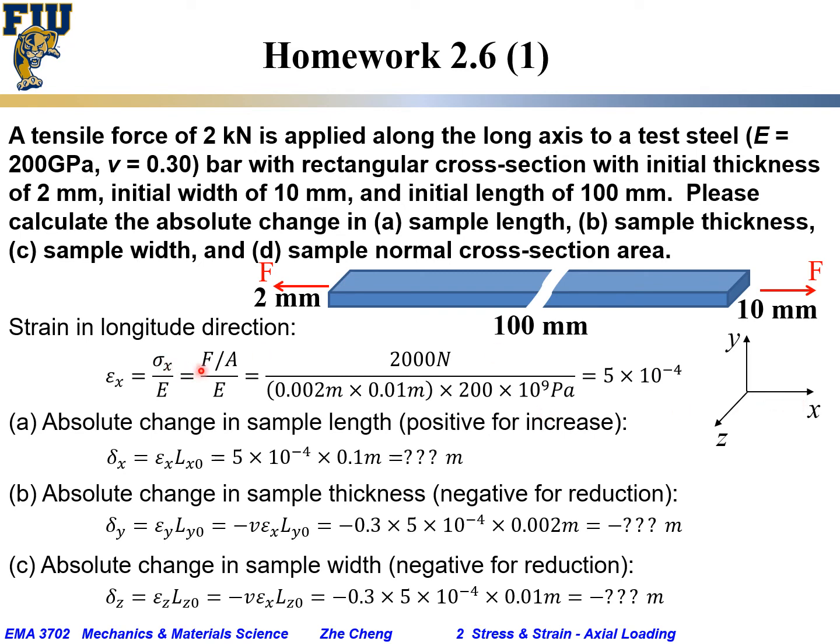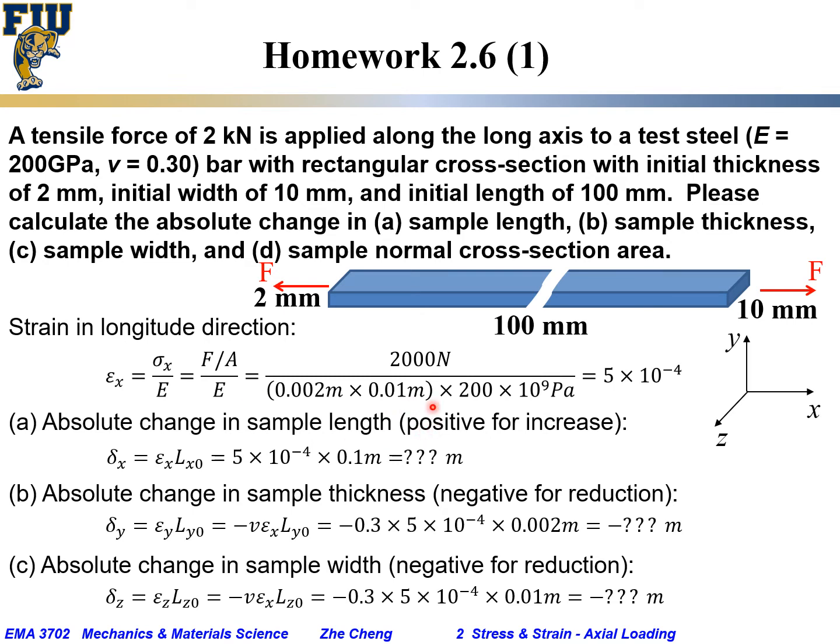Okay, what is our force? We said it is 2000 Newton. What is our area? As you can see, it would be the thickness 2 millimeter times the width 10 millimeter. Or 2 millimeter is 0.002 meter, and 10 millimeter would be 0.01 meter.